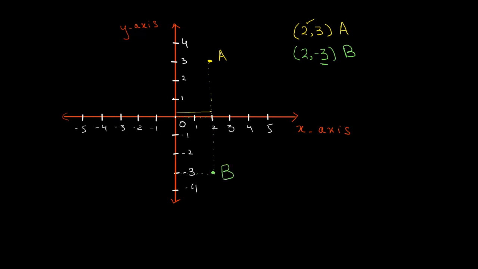Now I can try to locate another point, C, which is, let's say, -2, -3. Please note that the distance from the y-axis is -2, so I have to go to the left of the y-axis. I have to walk 2 units to the left of the y-axis, and then 3 units below the x-axis.